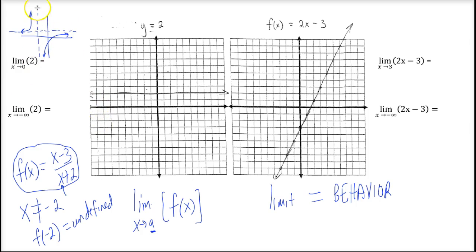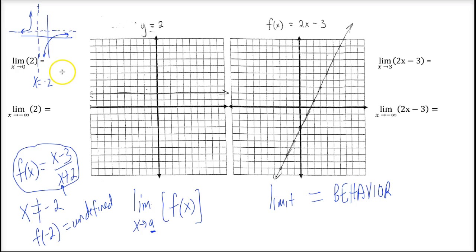So we see at this vertical asymptote right here, which is at x equals negative 2, if we're studying the behavior of this function as we approach negative 2 from both the left and right side, we see that on the left side of this vertical asymptote, it goes up to positive infinity. On the right side, it goes down to negative infinity.